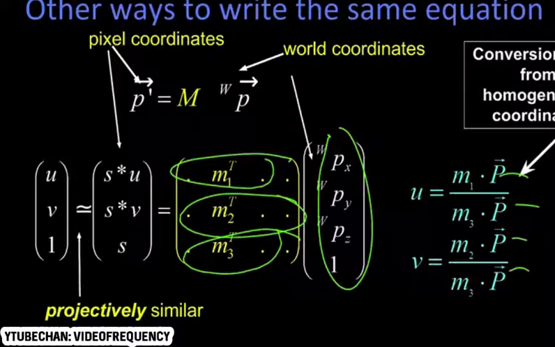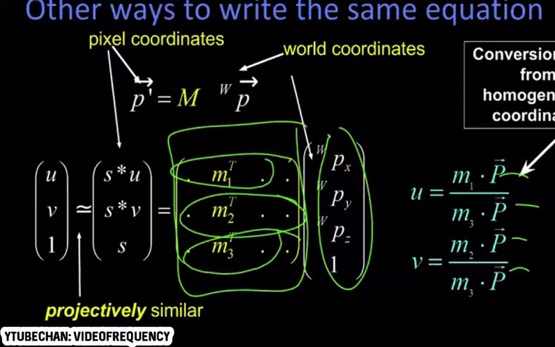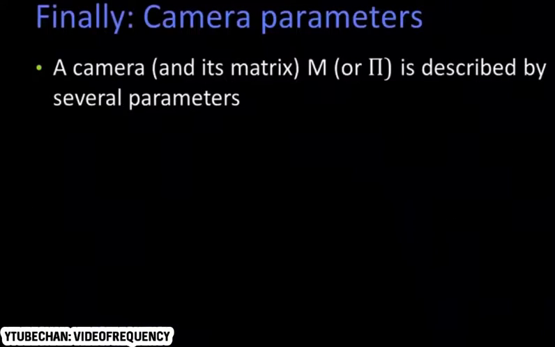So basically what we have to find when we're going to do camera calibration is those M elements. So finally, we can talk about the full camera parameters or camera calibration matrix. The camera matrix, M, sometimes called pi, is described by several parameters.